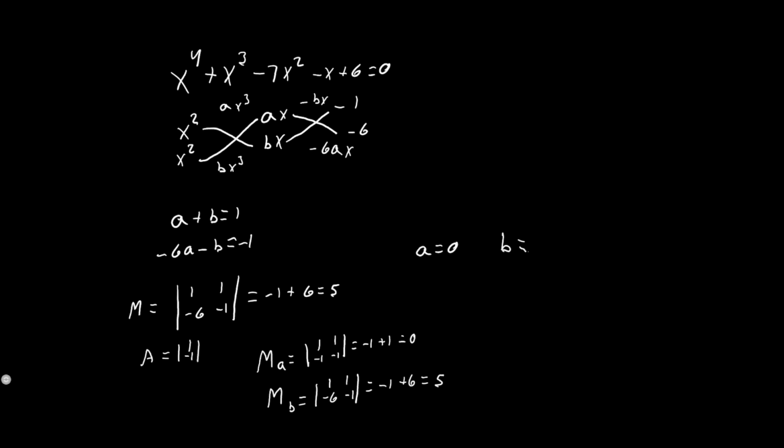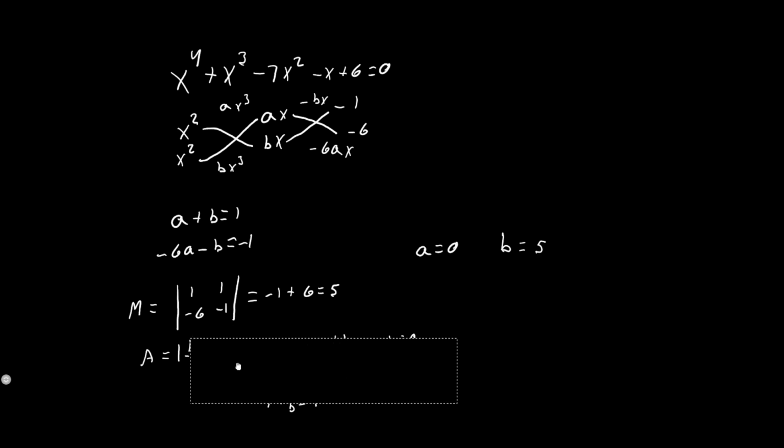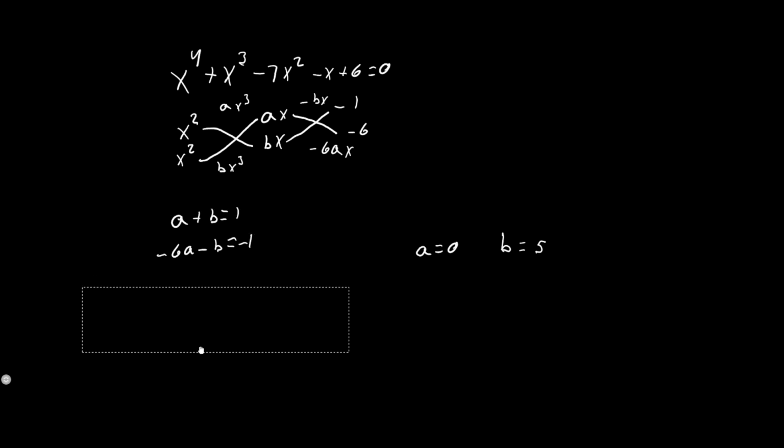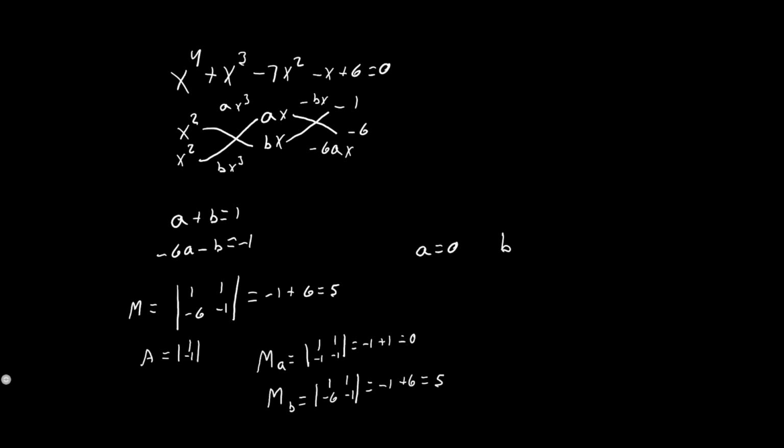Since 5 over 5 equals 1, b is equal to 1, not 5.